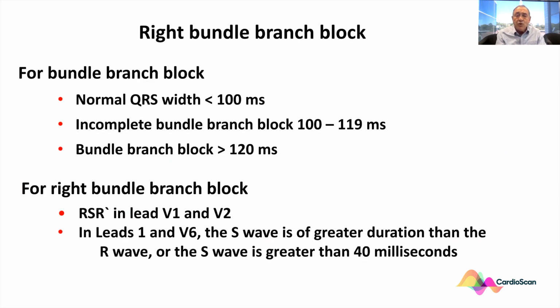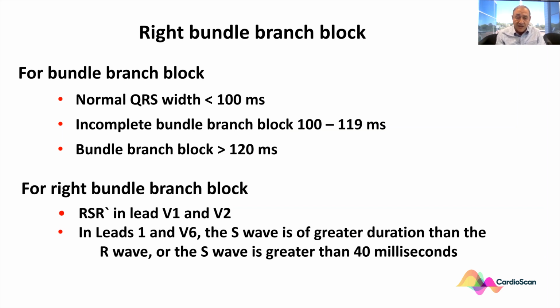Let us review then the right bundle branch block. For a right bundle branch block, normal QRS width is less than 100 milliseconds. For incomplete bundle branch block, it's 100 to 119 milliseconds. And for a bundle branch block, it's greater than 120 milliseconds.